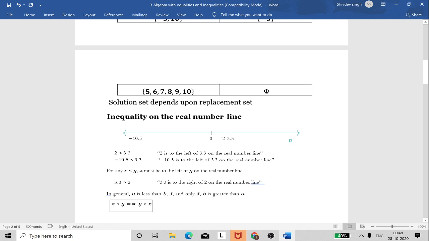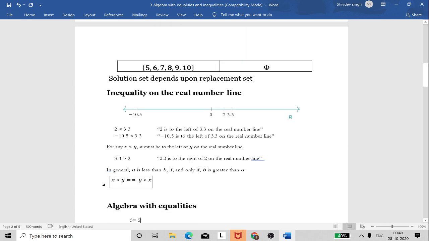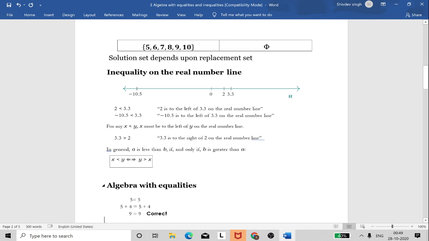So, for any numbers, x is less than y means x must be to the left of y on the real number line. 3.3 is greater than 2 means 3.3 is to the right of 2 on the real number line. So in general, a is less than b if and only if b is greater than a. x is less than y if and only if y is greater than x.